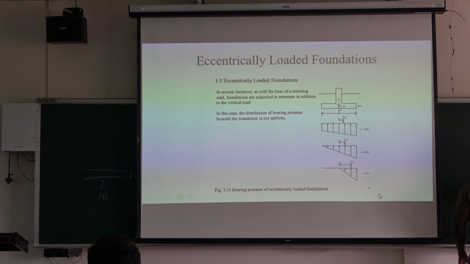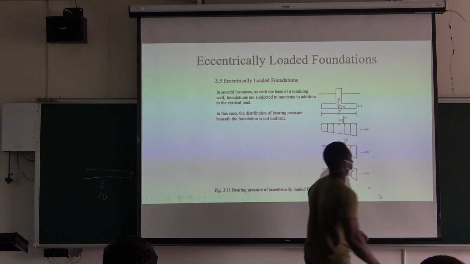So this is the center, okay? But our Q is maybe located here. So the distance from here to here will be our eccentricity, e. Okay, the distance the loading has from the center of the foundation. This is the center, so here is e, the eccentricity.